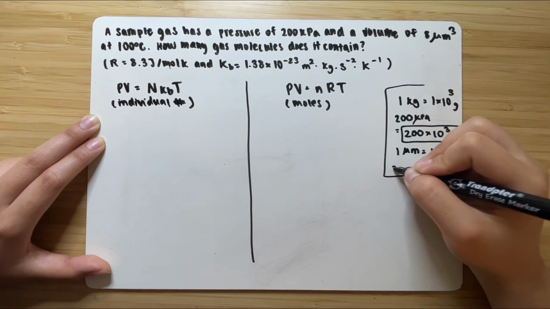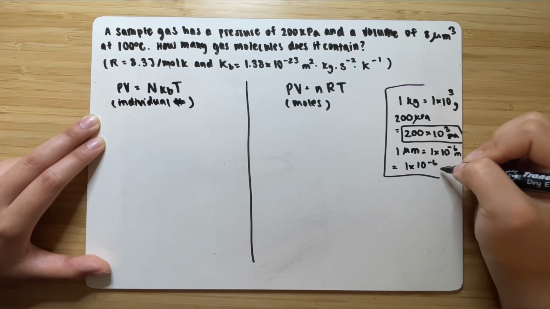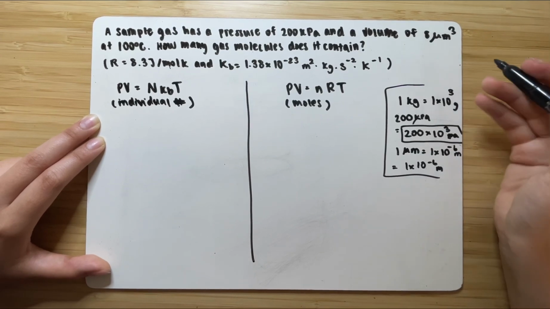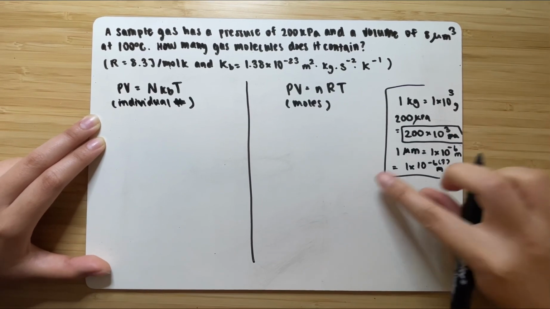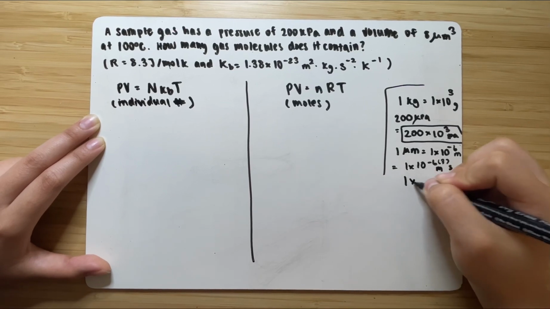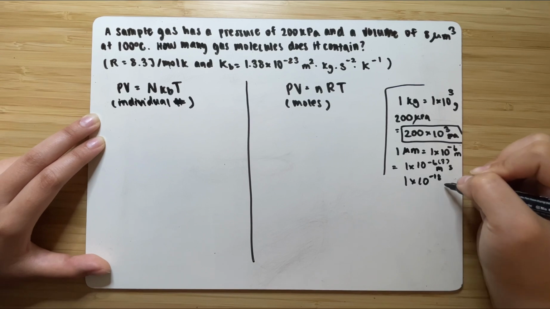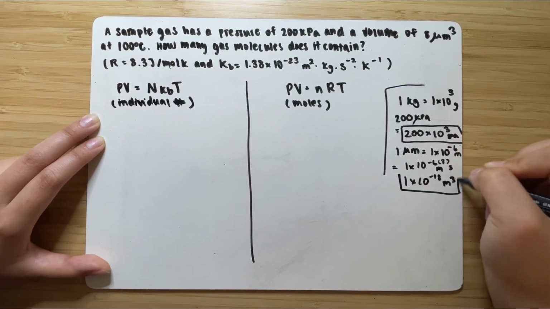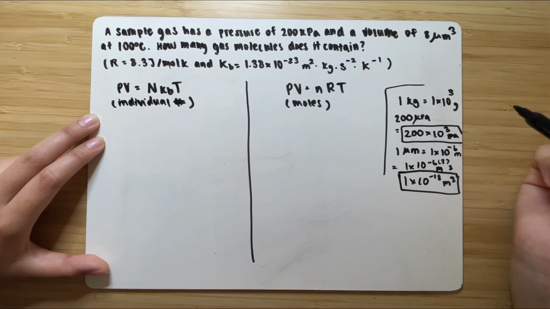So this will be 1 times 10 to the negative 6 meters. But since it's cubed, you will have to multiply negative 6 by 3. So you have 1 times 10 to the negative 18 meters cubed. This is going to be your standard SI unit for that.